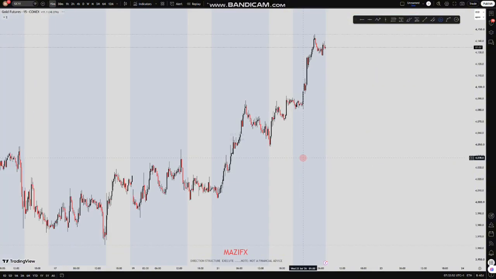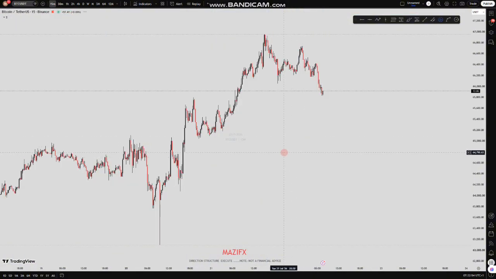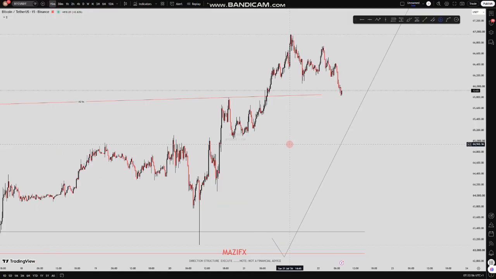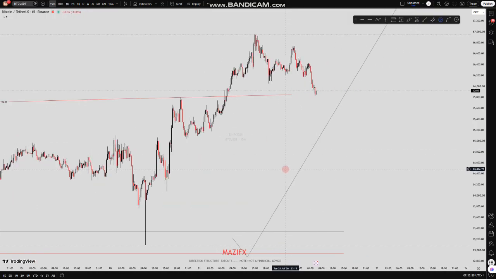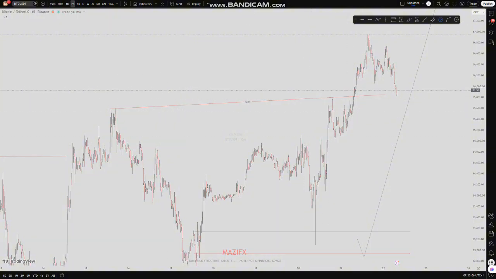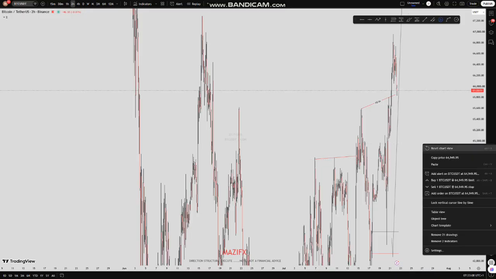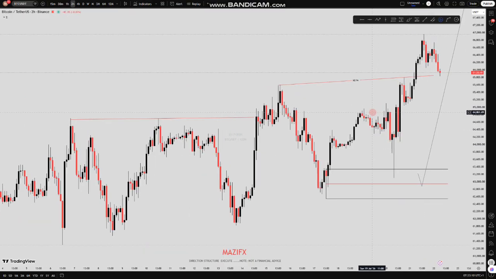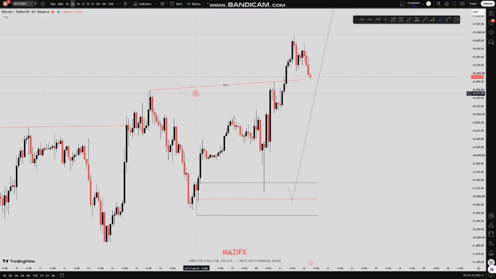Let's check BTC. What does BTC have for us? Okay. Apparently this is my 2-hour structural zone. And let me check and see. So this is my confirmed 2 hours structure.